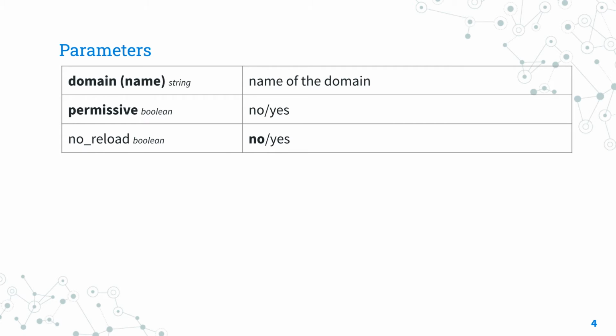The parameter permissive allows you to enable or disable the SELinux permissive domain immediately on the running system. The parameter no_reload disables the policy reload after the change of a setting. Default is no, which causes the reload of the policy, and this is what we want.